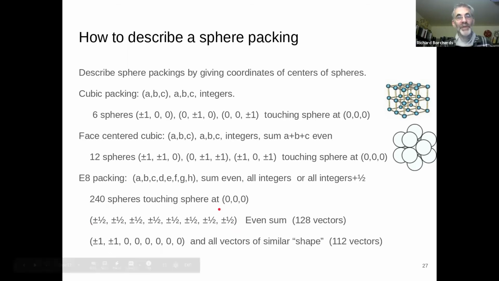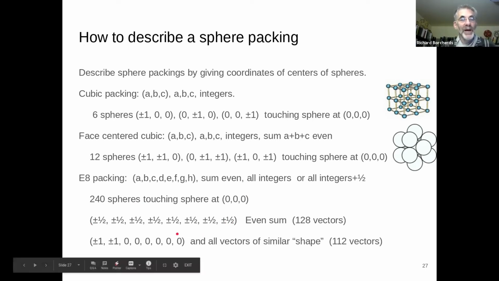You might think there are 256 because there are 8 choices of sign, but in fact the sum has to be even, so that cuts things down by a factor of 2. And then there are 8 times 7 times 2 vectors of this form, so that gives you another 112 spheres. So altogether we have 128 plus 112 spheres touching the sphere at the origin, which is 240.